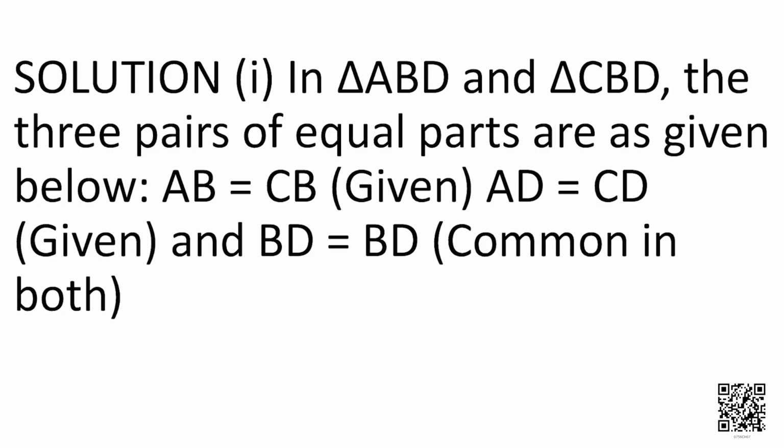For the first part, we can say that in triangle ABD and triangle CBD, the three pairs of equal parts are: AB is equal to CB, which is given to us, AD is equal to CD, which is given to us, and BD is equal to BD, as it is the common side.